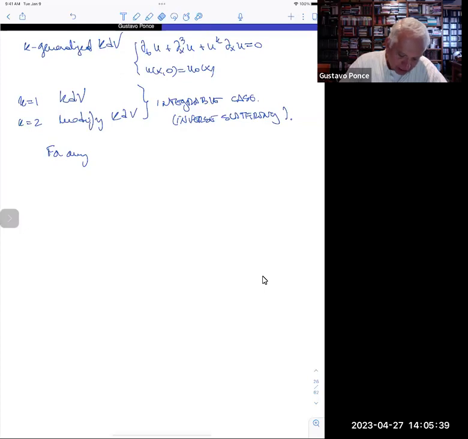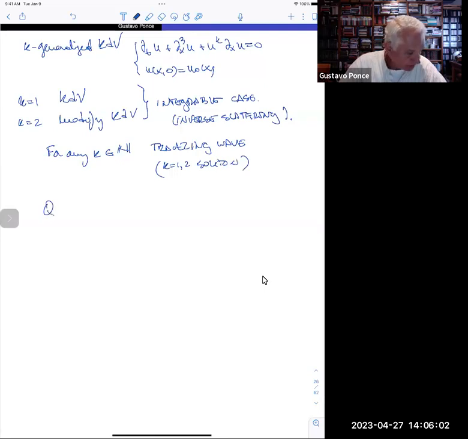For any k integer, we have the traveling wave. If k is equal to 2 and 2, it's called soliton because they interact in an elastic way.